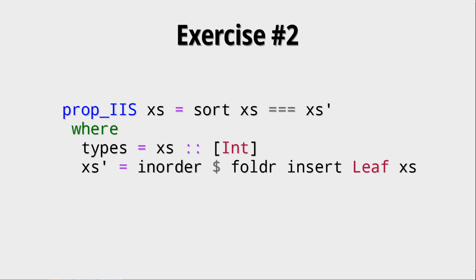So another way of writing this property could be by already supplying a tree that has a certain type and a value, and then checking if this tree right at the beginning is a sorted tree. So if the in-order traversal is sorted, then you check whether inserting into the tree still gives you a sorted list.